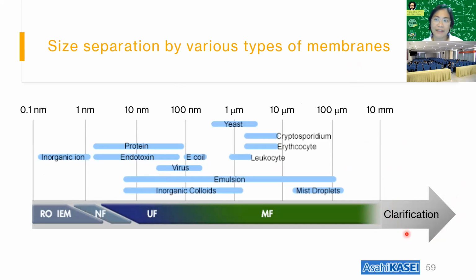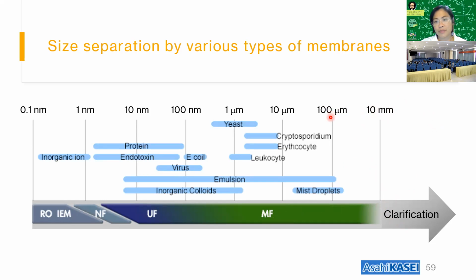You clarify your broth and you are left with something that doesn't have large particles. Microfiltration has the largest pores of all the things we are talking about here. It covers something from, I would say, 100 micrometers to 10 millimeters, which is very large for separation.